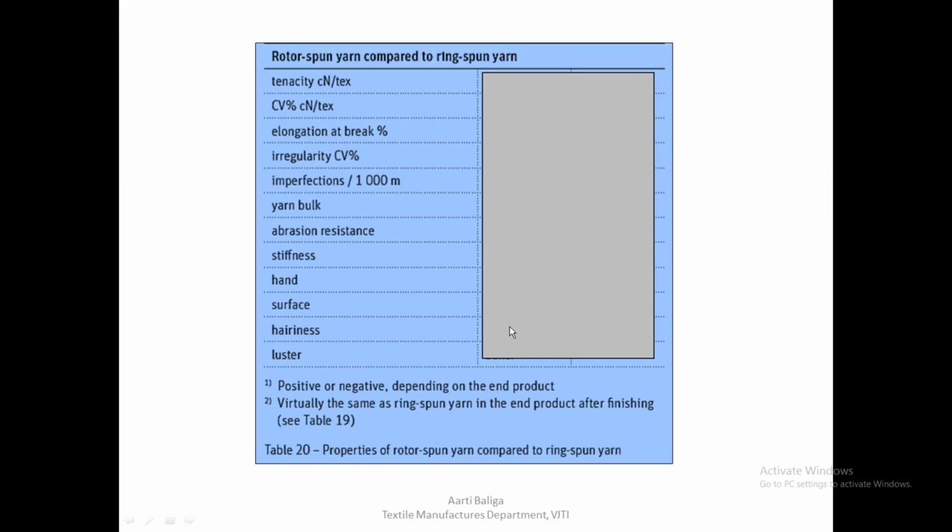I have purposely blocked this particular area. I want you to think about all these properties, whatever we have learned just now. What kind of properties are we expecting here? Whether tenacity would be higher or lower or similar to the ring spun yarn.